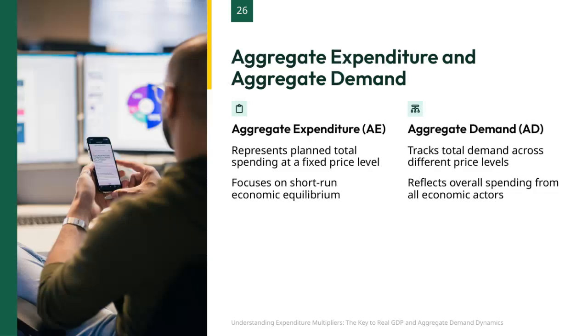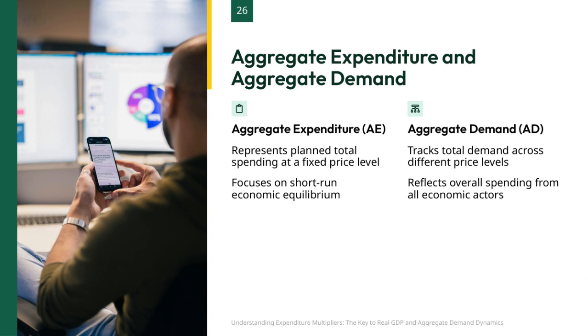The image on the left shows a worker managing inventory in a warehouse, symbolizing this critical aspect of supply chain management. Here we're looking at two important concepts: aggregate expenditure and aggregate demand. Starting with aggregate expenditure, this measures the total planned spending in the economy at a fixed price level. It's a key focus when we analyze short-run economic equilibrium because it reflects how much people and businesses intend to spend, giving us insight into immediate economic activity.